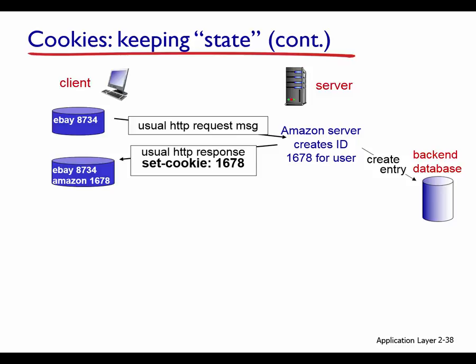The server, when it sends a response back, has an additional piece of information that basically says, hey, I've provided you, user, with this user ID of 1678. So when you go to the site, you can use this unique user ID, and the client can save that in the local browser.